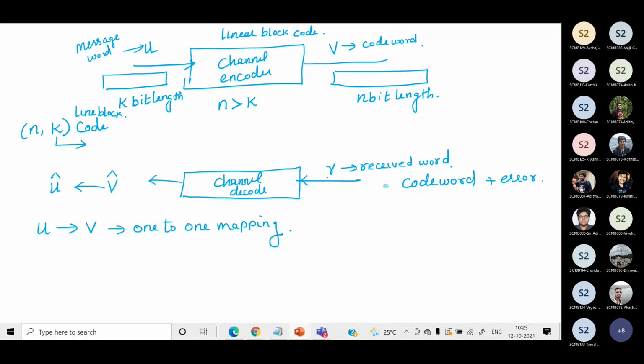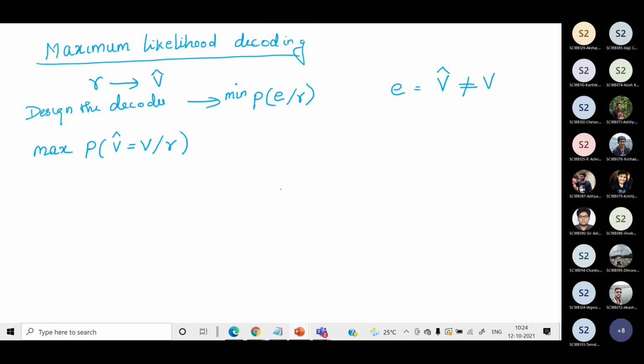From the received word, the decoder has to find out the transmitted code vector or code word. If it finds it exactly, the probability of error will be 0. So we have to design the decoder in such a way that it minimizes the probability of error, or maximizes the correct detection probability for a given R.